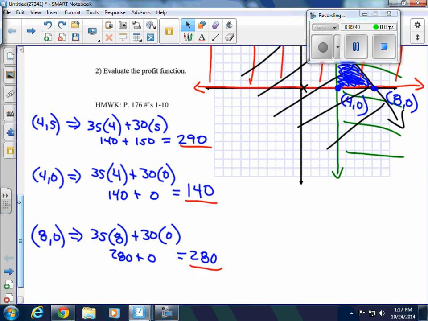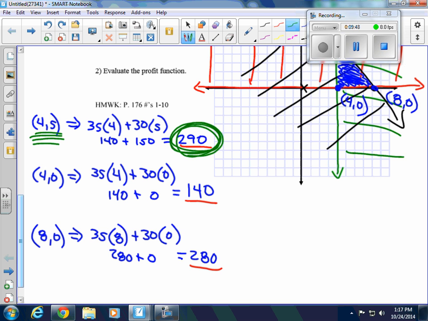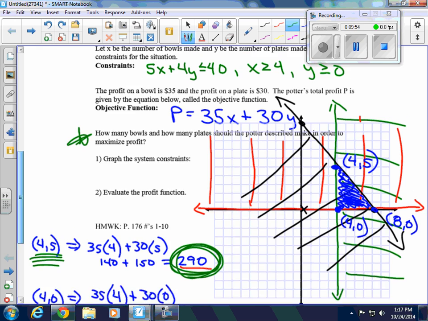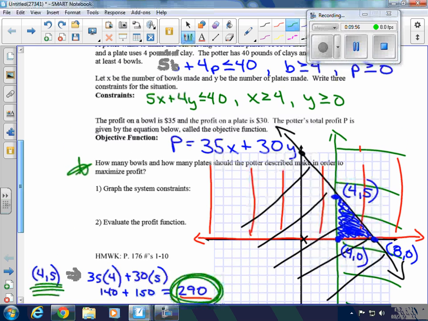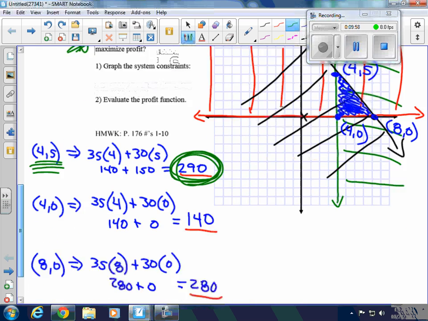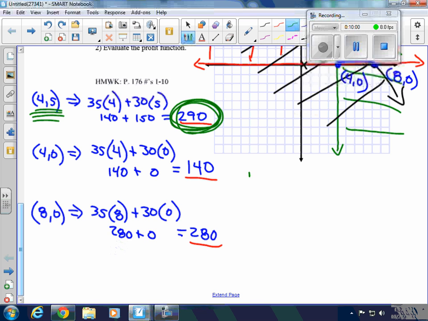Well, if we look at these, his maximum profit comes right here, $290, when the ordered pair is 4, 5, and remember 4 represents our bowls and 5 represents our plates. So the potter should make 4 bowls and 5 plates.